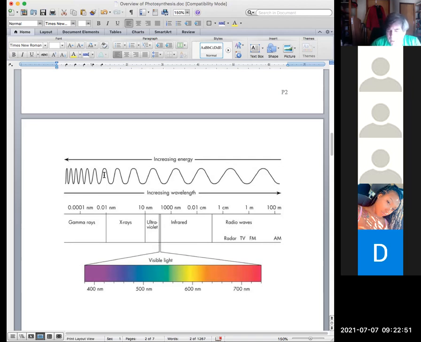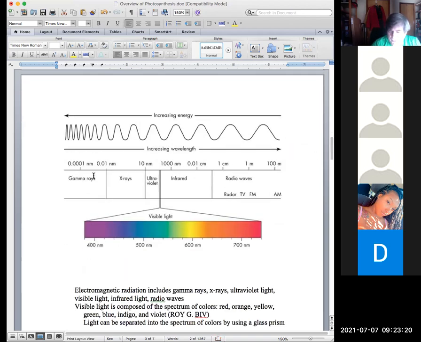How many of these waves pass by, you could think of an observer looking at them in a given time. Notice that when wavelength is high, frequency is low. They don't show frequency on here. That's because the higher the frequency, the higher the energy. So the frequency is actually higher towards the left end, the same end where energy is higher. The wavelength is higher towards the right end.